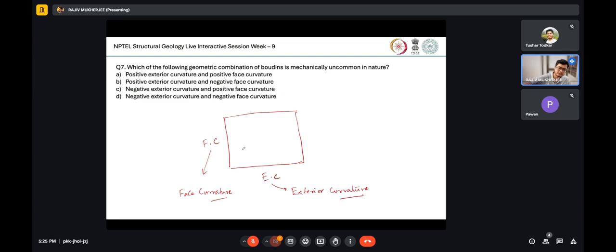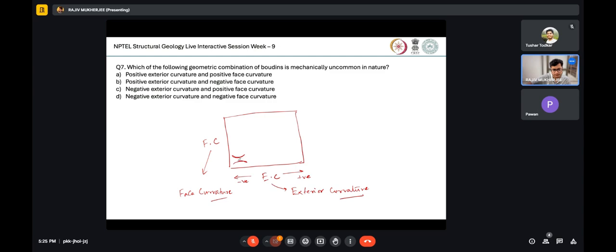So in this scale, we have negative this side and positive this side. That means, yeah, I think D is right. There is a negative exterior and negative face.